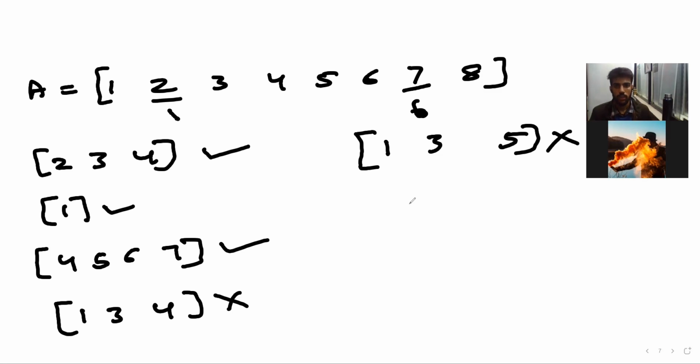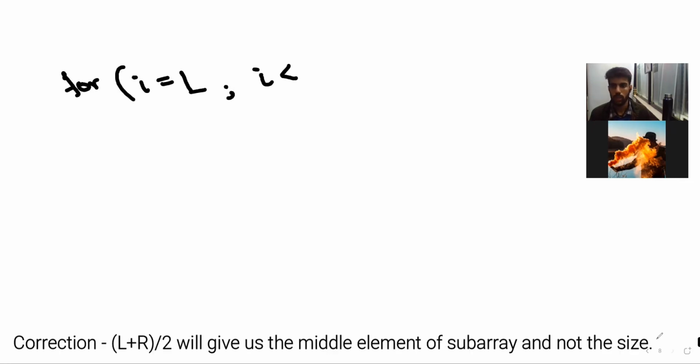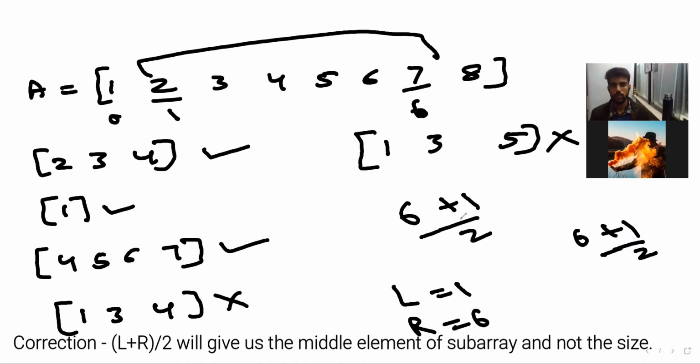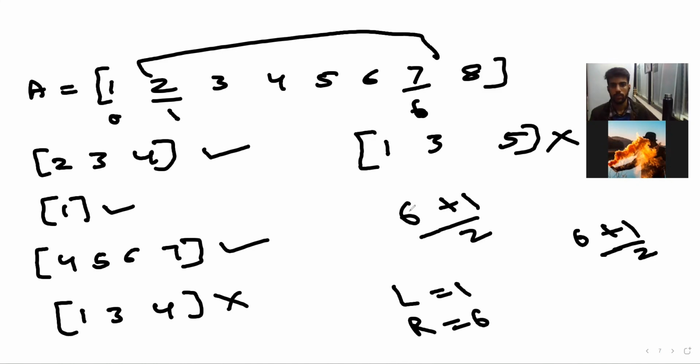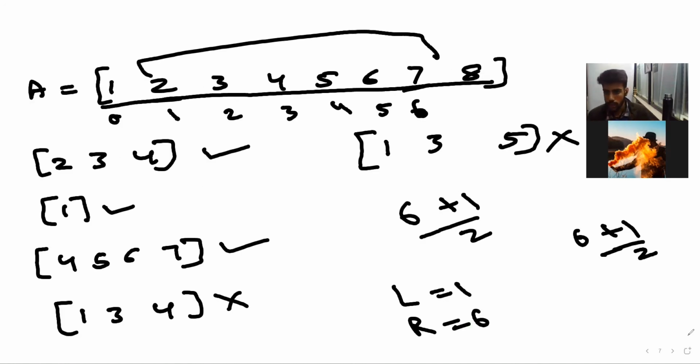So the correct answer would be 6 plus 1 by 2, 7 by 2. That would give us the size of the array. Why are we adding 1? No, we are not adding 1. No, I'm not actually getting it. Let's take this example again.